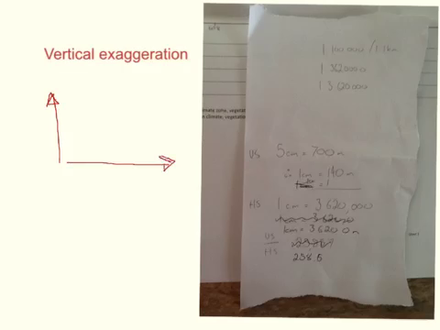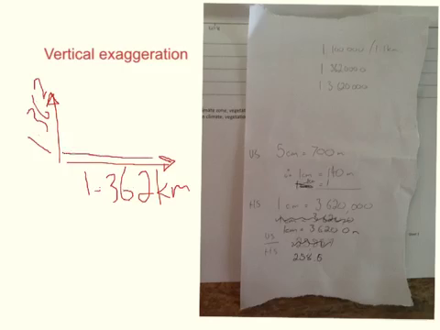Now, for the one that we're doing, the horizontal scale measures 1 centimetre equals 36 kilometres along the bottom. If we did the same along the side, up on the vertical, and 1 centimetre equaled 36.2 kilometres up this way, our cross-section would be right down the bottom, and it would be dead flat.